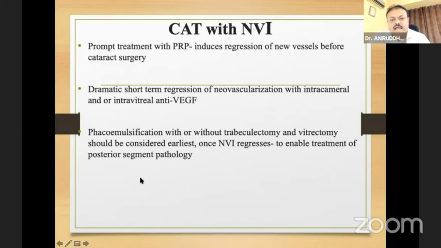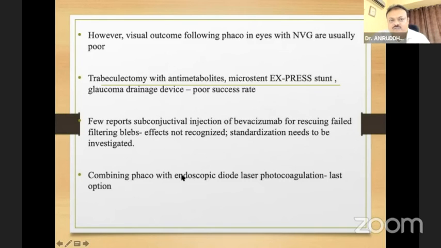Phaco with or without trab and vitrectomy should be considered at the earliest once the NVI regresses, to enable treatment of the posterior segment pathology. However, the visual outcome following phaco in these eyes with NVG is usually poor. Trab with antimetabolites or any drainage shunt, generally the success rates are bad. Combining phaco with endoscopic diode laser photocoagulation is the last option.